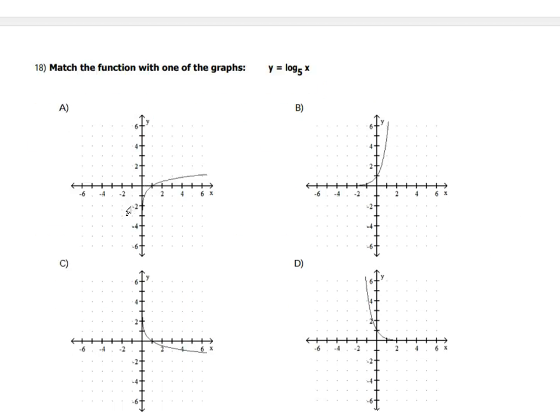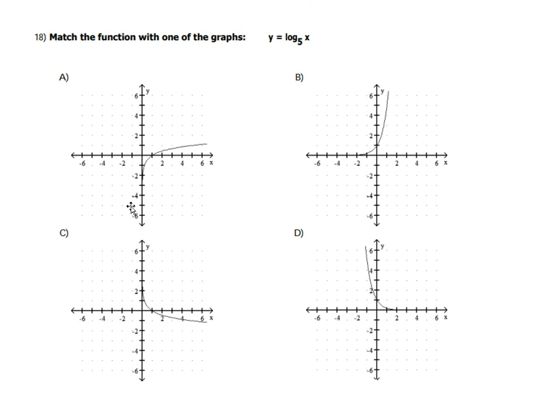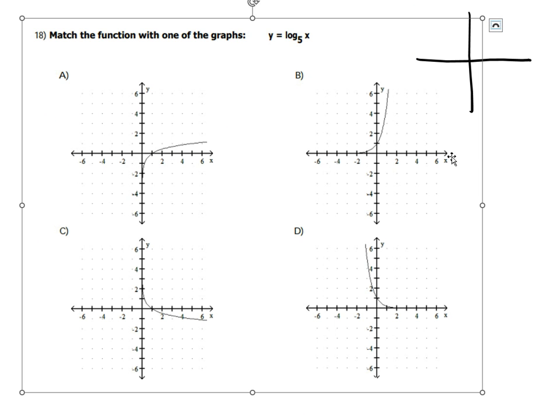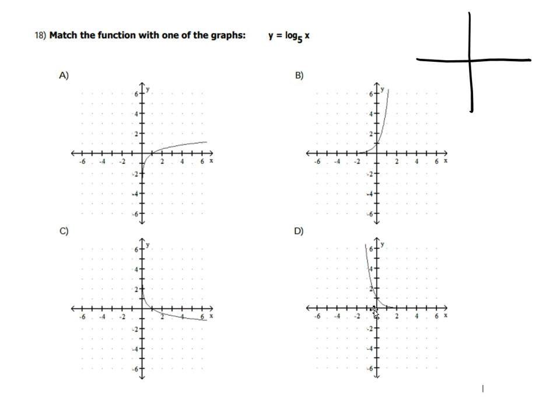And then another graph. Now this is a logarithm graph. Remember, logarithms are inverses of exponentials. If you have y is equal to 2 to the x, this graph looks like this.